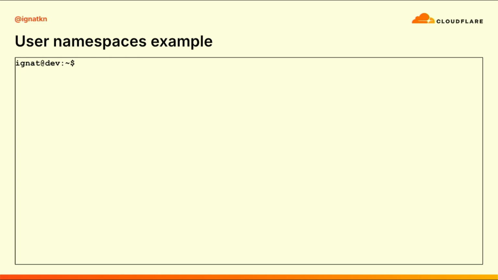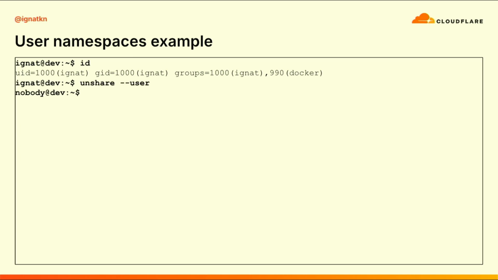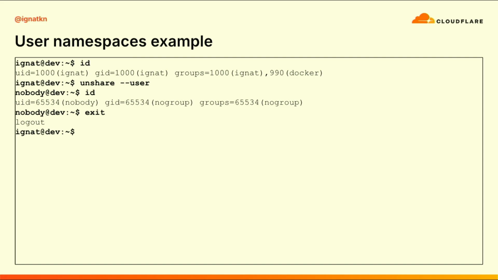So here is a simple example. My ID is 1000 on my development machine. I create a user namespace, and by default it's 65534 or so, so even Linux doesn't understand what user it is, so it says nobody. So I have a different user ID. I can map my user to a specific user ID.